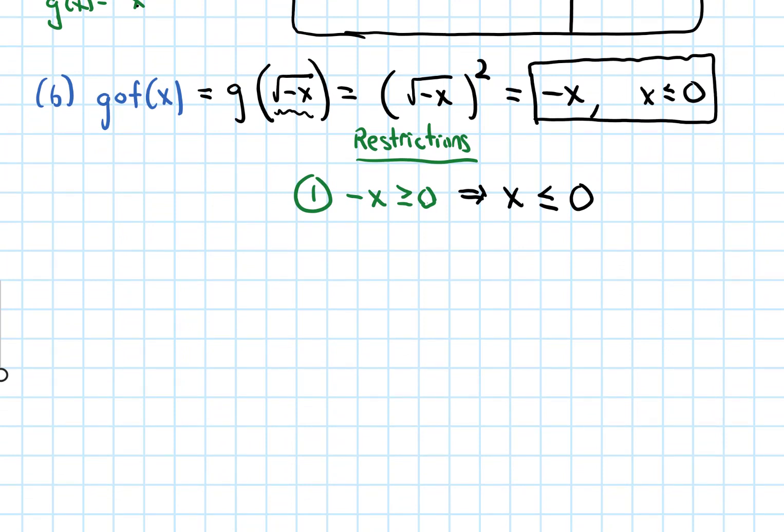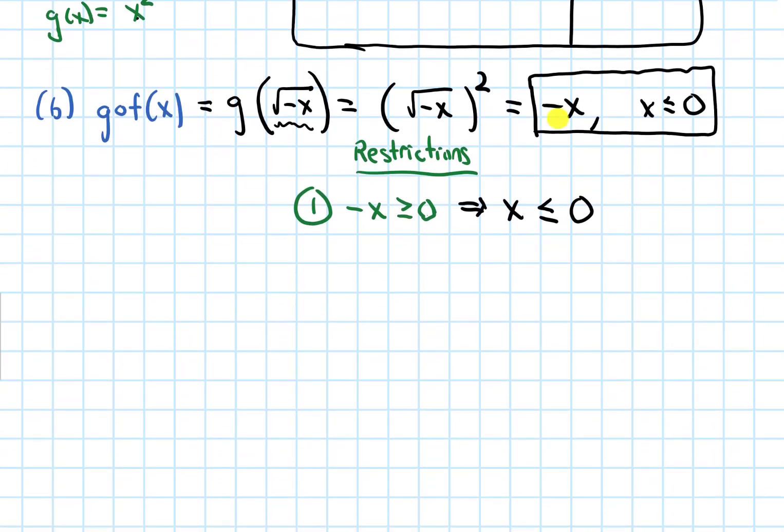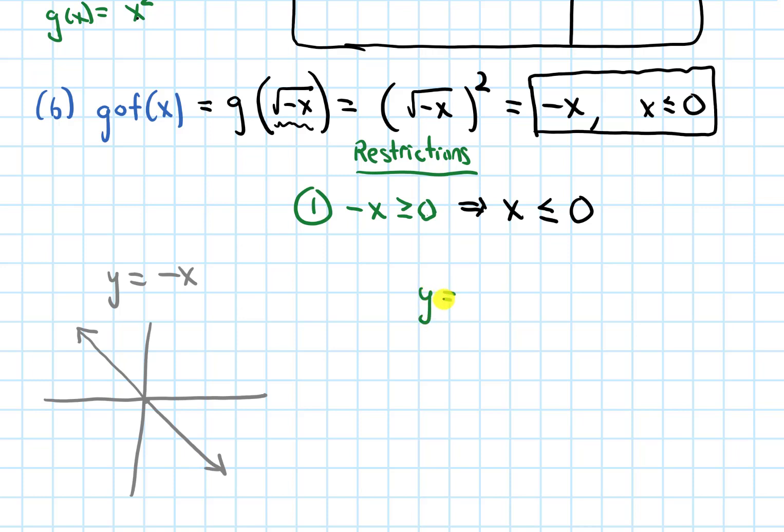Then it said, let's sketch the graph. To sketch the graph of this, let me first sketch the graph of y equals -x without the domain restriction, and then I'll put the domain restriction in. So y equals -x is a line. The y-intercept is 0, and the slope is -1. So that line looks like this. And now let's draw our function, y equals -x, with the restriction that x is less than or equal to 0.